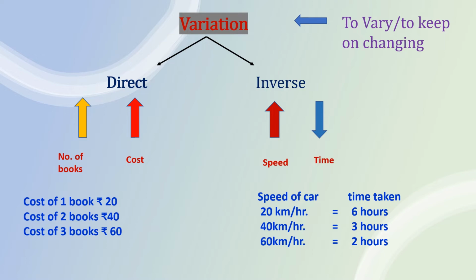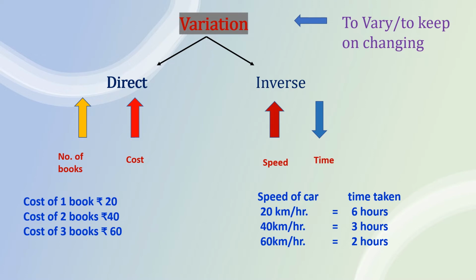In this, students, you can see the speed is one quantity and the time is the other quantity. Now, when you increase one quantity, there is a decrease in the value of the other quantity. So, such types of examples are of inverse variation.